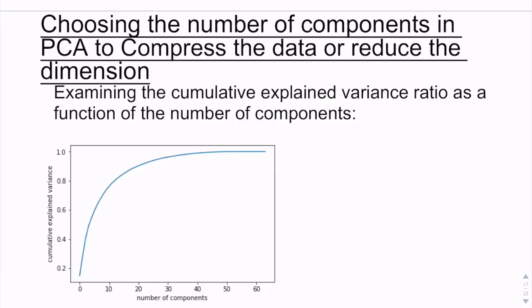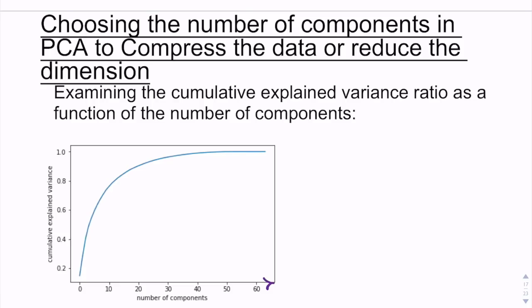Then we answer the question of choosing the number of components. As I said, we examine the cumulative explained variance ratio as a function of the number of components. So how do we read this graph? On the x-axis I have the number of components, and on the y-axis I have the cumulative explained variance. If I include all principal components, then 100% of the variability is explained.